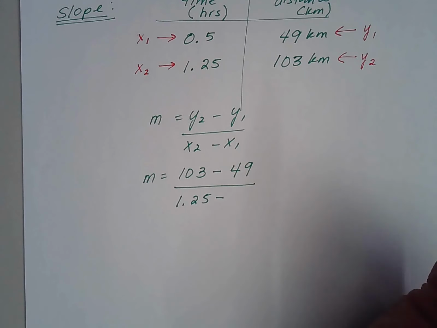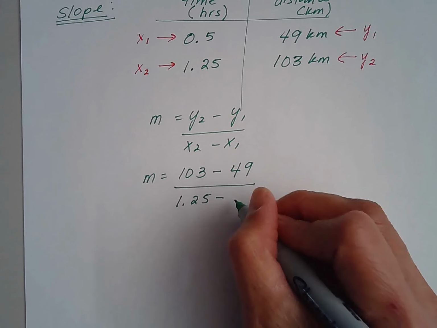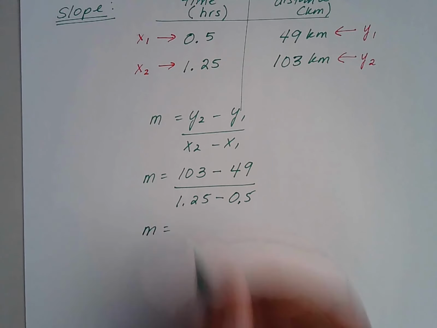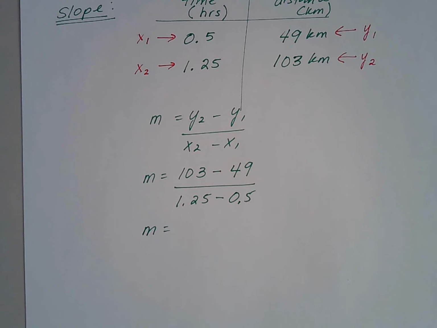Minus, what do I put for X1? Why are you doing it backwards? You think it's backwards? Why don't you put Y1 first? Because the formula. Oh, that's an interesting one. We'll save that for some other time. I'll show you that. But that's a good question.